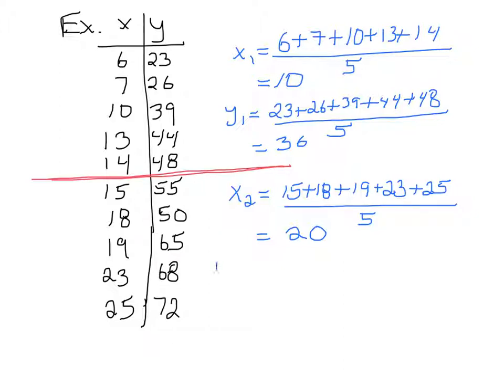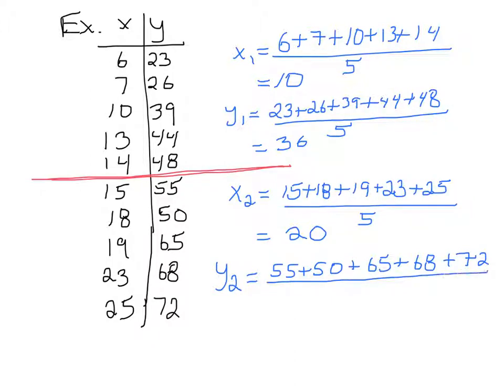And y2 is going to be 55 plus 50 plus 65 plus 68 plus 72, divided by 5. And I think you're going to get 62. I'd like you to verify those numbers for me, but I believe that's what they are.